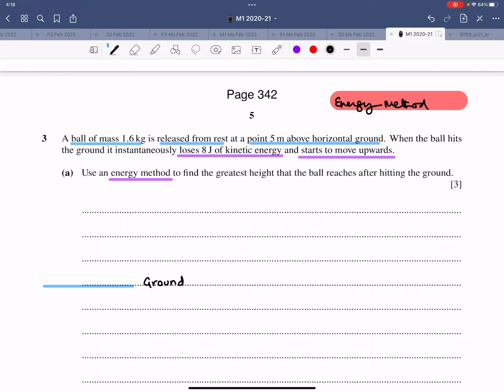So the first thing, when the ball is at the top, what is the kinetic energy? Kinetic energy at the top is 0. Potential energy at the top is mgh, 1.6 into 10 into 5. This comes out to be 80 joules. So this is the top.